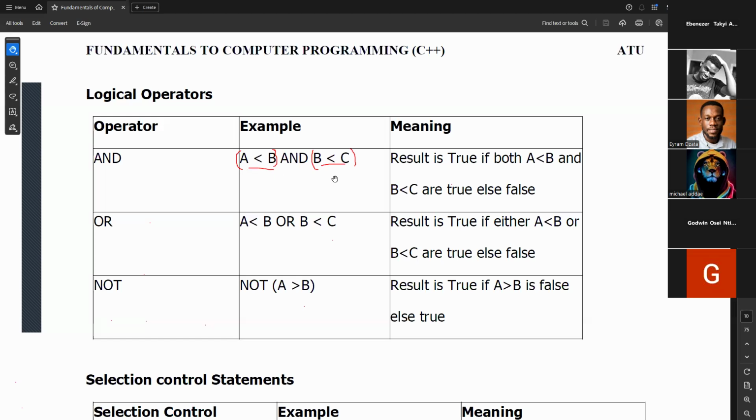Else it is false. So the result is true if both A less than B and B less than C are true, else it is false. Now, this is what it means. Let's assume we have this table. We call it the truth table.